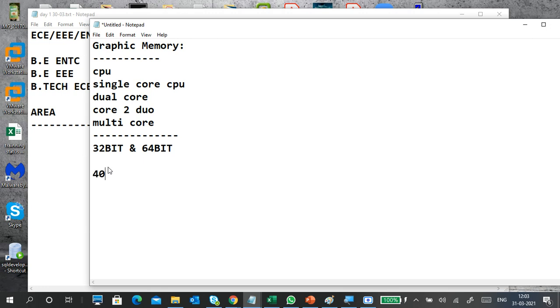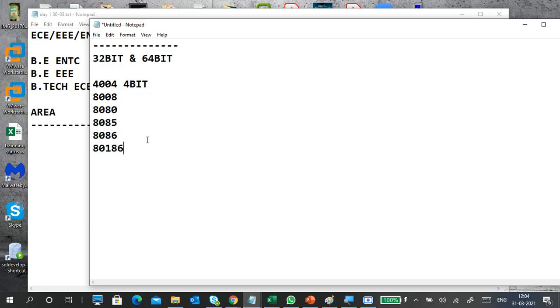Actually, Intel started with the 4004 processor, which is a 4-bit processor, in the beginning. Later it was implemented like the 8008, then the 8080 processor, 8081. It kept on developing, and finally they came to 8085, 8086 processor, and then they developed on the 8086 only, because they found a lot of good things about it, like 80186, 286, 386, 486, 586.